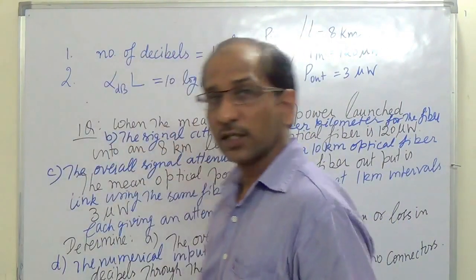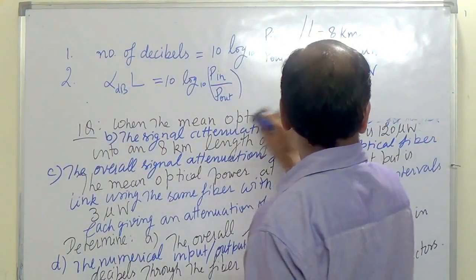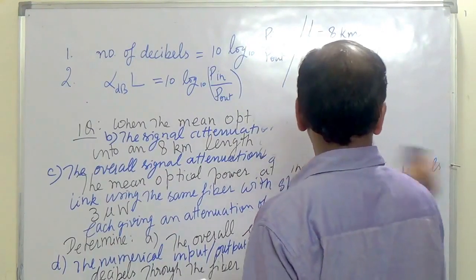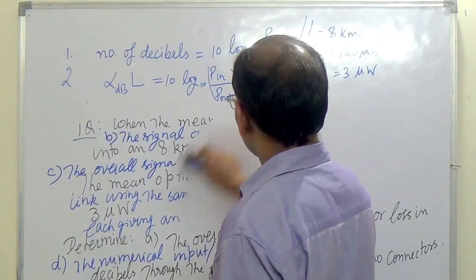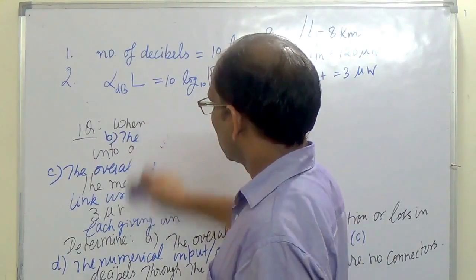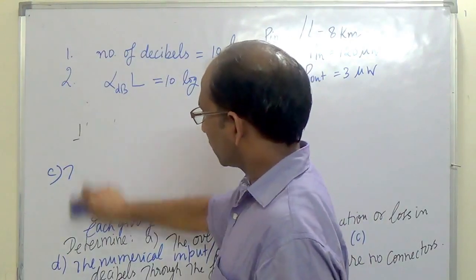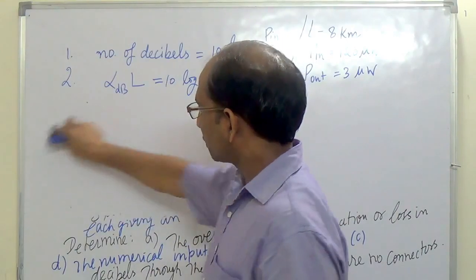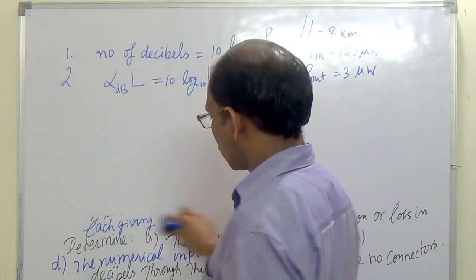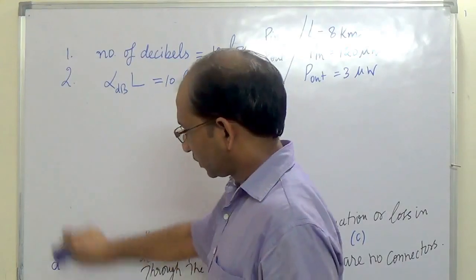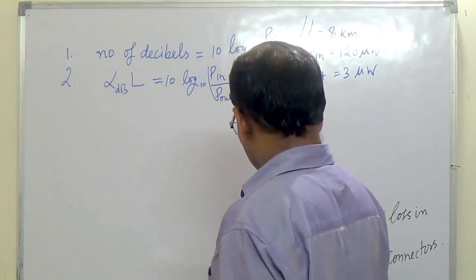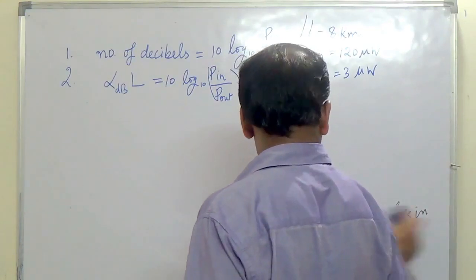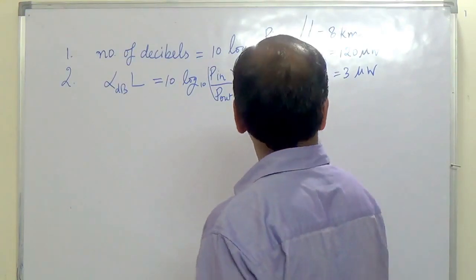So I am calculating the first part of this numerical problem, where these 3 parameters are given in the statement, and for the first part we have to just calculate the overall loss into the given length, that is 8 km.